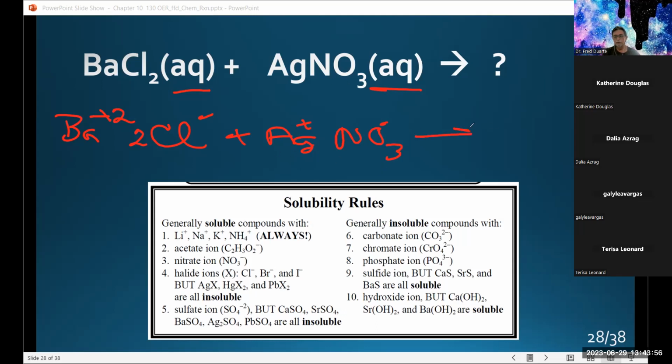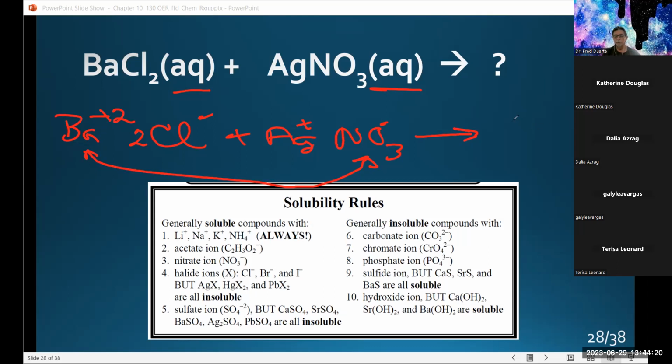So now we're going to put together the new products and check the solubility as we did earlier. So we have barium combining now with nitrate, okay? Barium has a +2, nitrate is a -1, so we need 2 nitrates for every barium +2 ion.